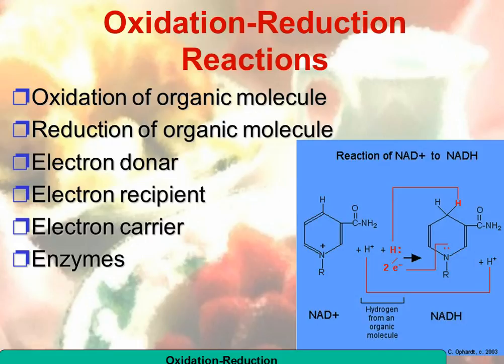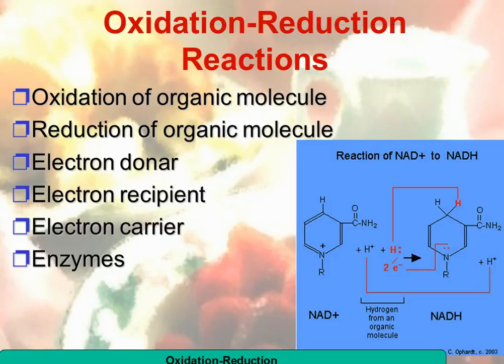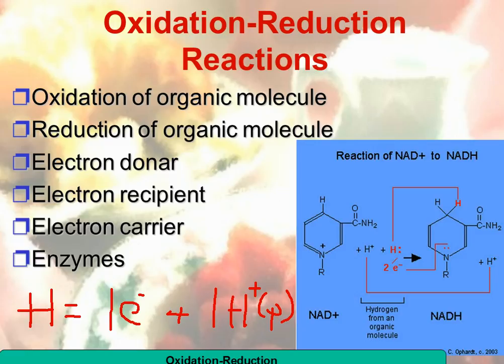Okay, reminder about reactions. Electrons. Let me remind you of something here. A hydrogen atom is equal to 1 electron, negative charge, plus 1 hydrogen proton, P. That's a proton.